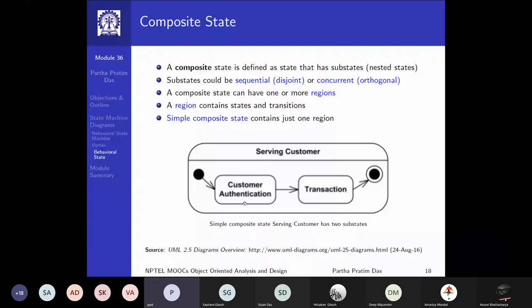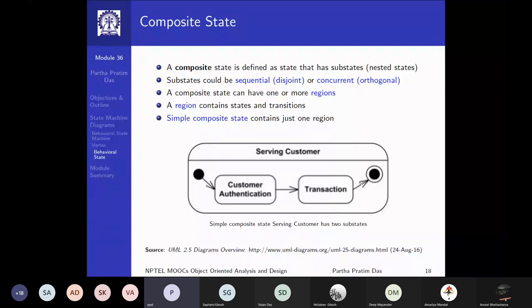To service, you will say, okay, hello, who are you? Give your this, give your that. I'll ask you your date of birth, confirm the date of birth, and so on. So there's a customer authentication. And once that is done, then you get into the transaction. Here, several other details like what happens if authentication fails are not shown. So supposing that authentication always succeeds, and that gets you to a final state.